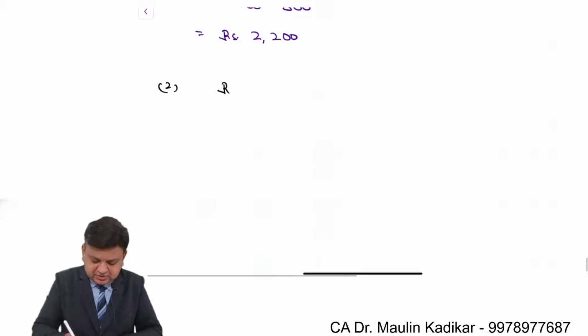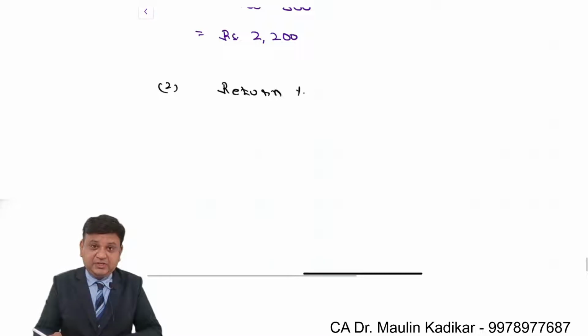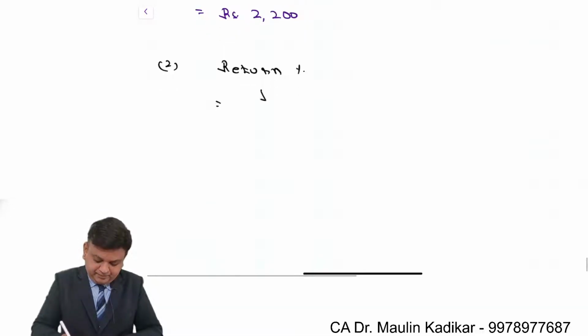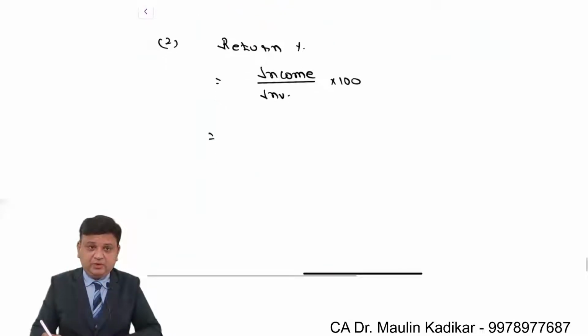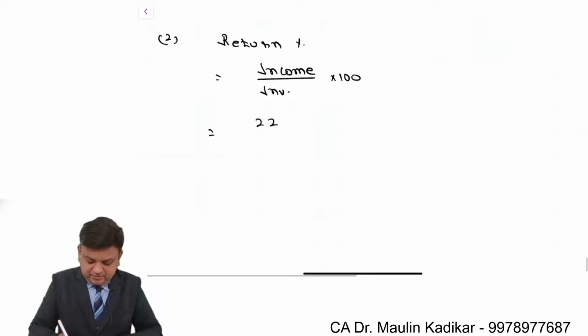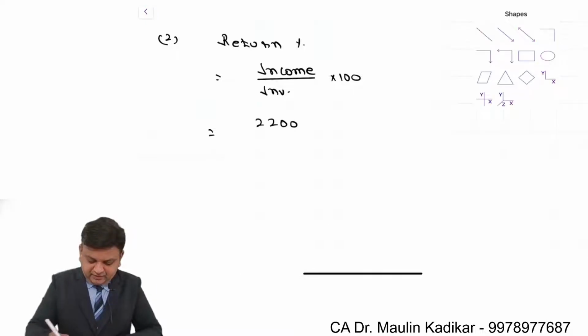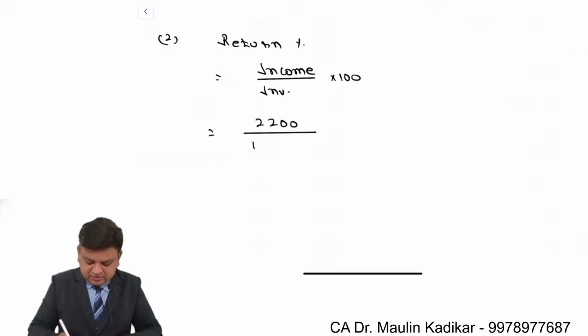Second question is return of portfolio or return in percentage term. In that, income upon investment into 100. What is the amount of income? 2,200. What is the investment? 10,000.